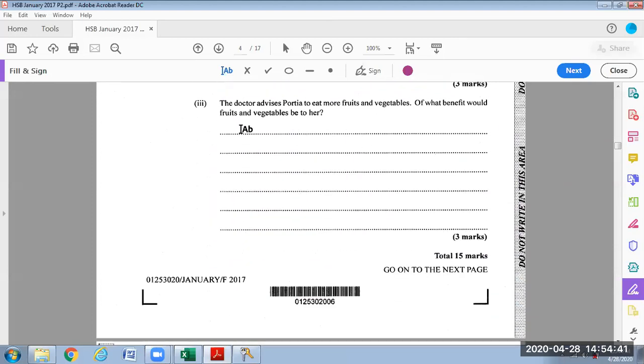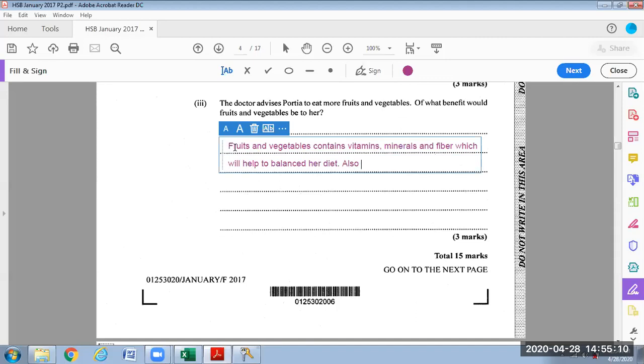3, the doctor advises Portia to eat more fruits and vegetables. Of what benefit would fruits and vegetables be to her? Well, fruits and vegetables contain vitamins, minerals, and fiber, which will help to balance her diet.